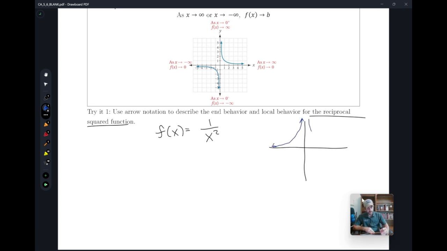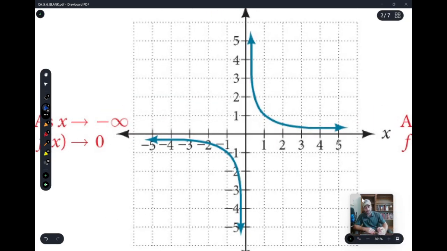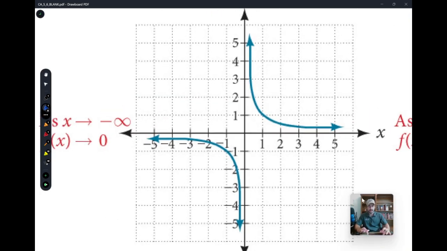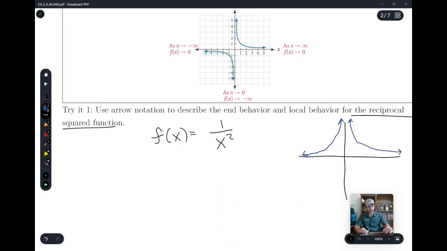That's going to be really important to remember as we go to graph way more complex ones: the squared feature, or the 2 right there, made the graph look kind of like a volcano, whether up or down. And the single exponent, the 1, made it split. See how one side goes up and one side goes down?